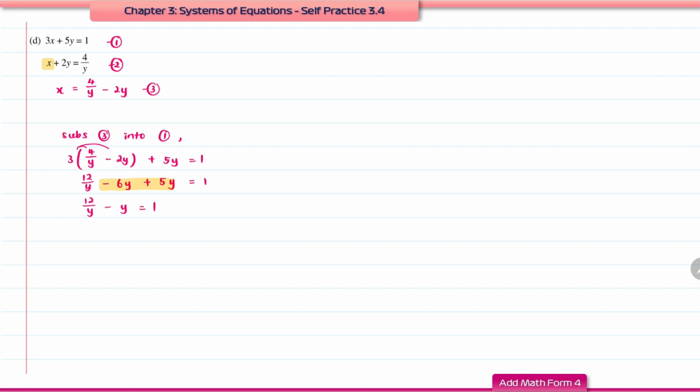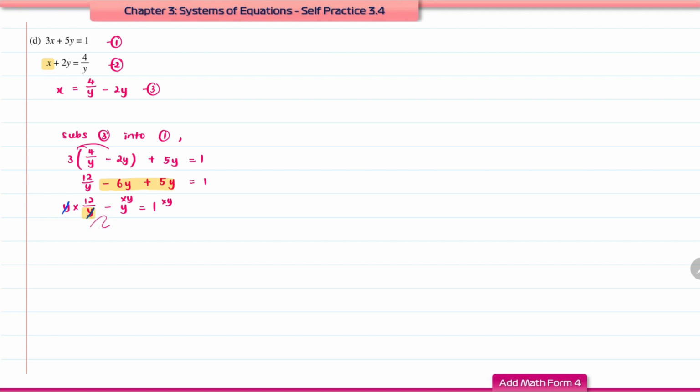So next, in order to eliminate the y, which is at the denominator part here, I'm going to multiply each of the terms by y. So by doing so, the y here will be cancelled.